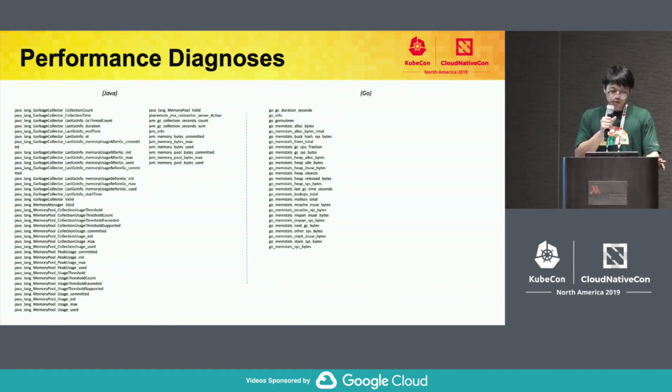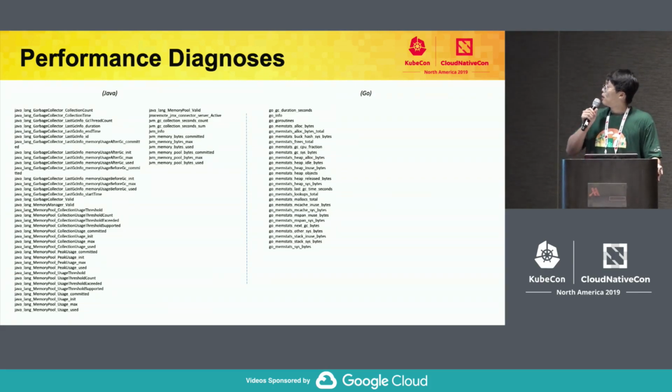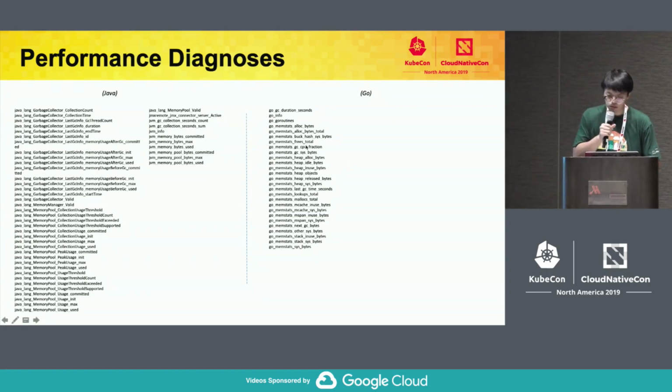In conclusion, Java does better in capturing what is happening in GC. On the screen, can you guys see my screen? Okay, there are only two metrics over here, and that's for GC. Yeah, that's sad for Go developers.